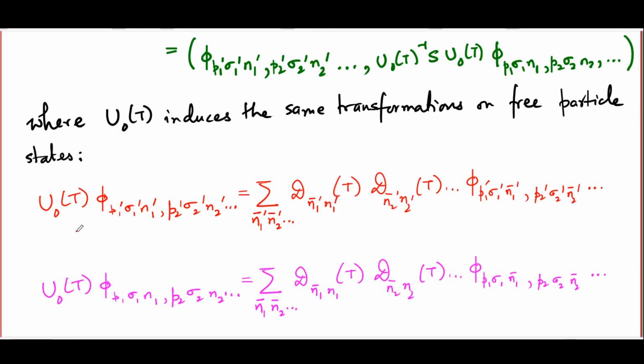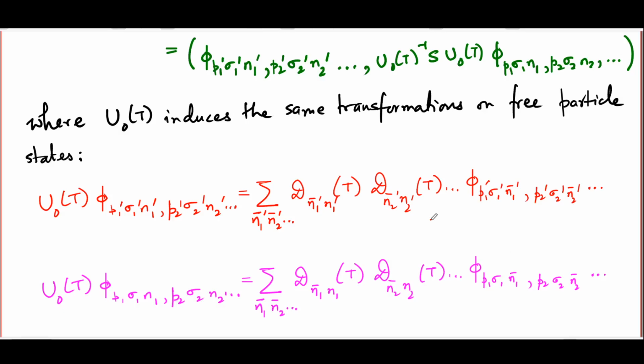In other words, the state phi p1 prime sigma 1 prime n1 prime p2 prime sigma 2 prime n2 prime, acted upon by U0(T), is replaced by exactly the same linear combination of particle states, but this time free particle states with the labels n1 bar prime, n2 bar prime, and so on. And similarly for the labels for the incoming particles.